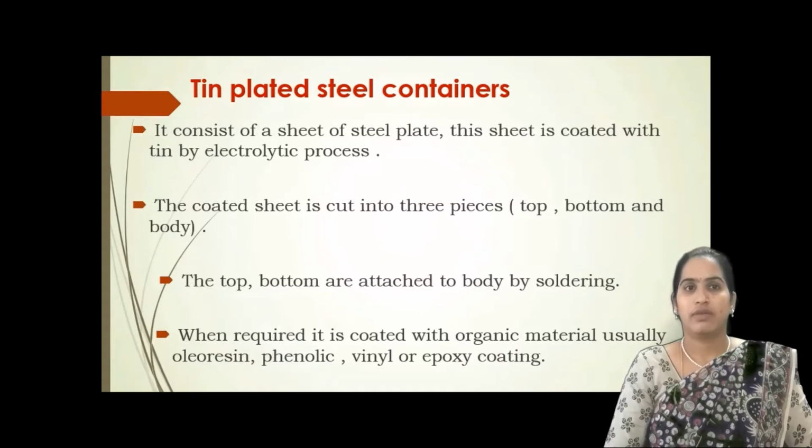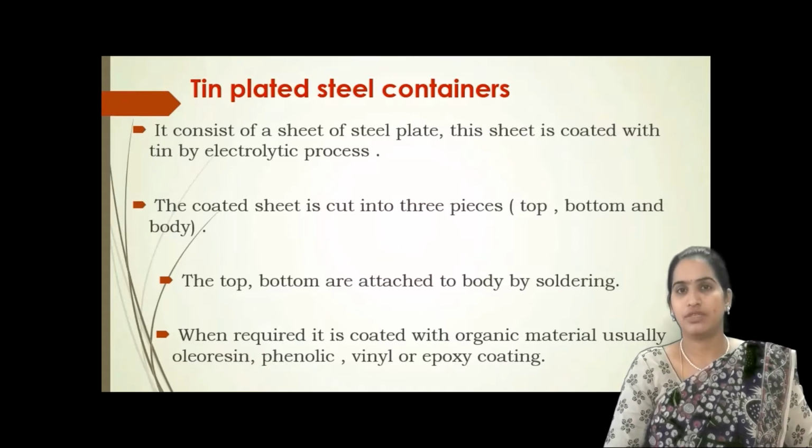Normally these tin sheets are coated to impart resistance, as there is a chance of interaction of these containers with the product. In order to avoid the interaction with the product, these tin sheets may be coated with different materials like oleoresins, phenolic, vinyl or epoxy materials.